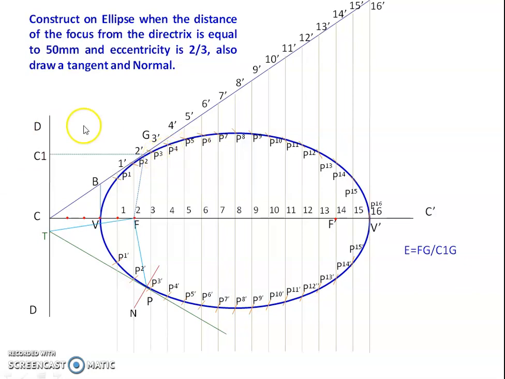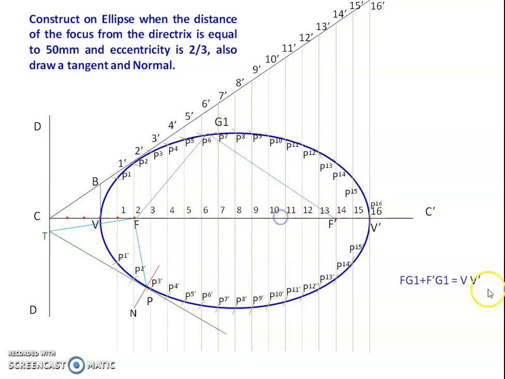Or otherwise, another method: draw a line from F dash to a point on the curve, anywhere, and similarly draw another line from F to the same point, named G1. So the distance FG1 plus F dash G1 should be equal to VV dash.